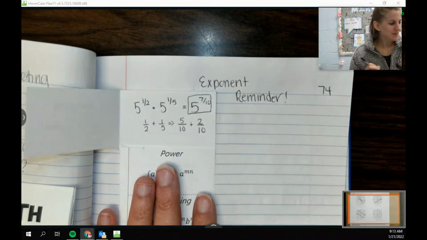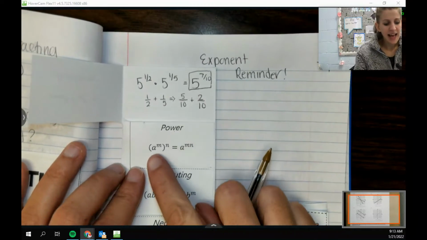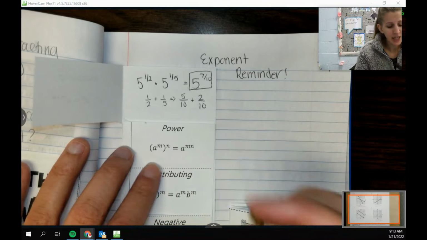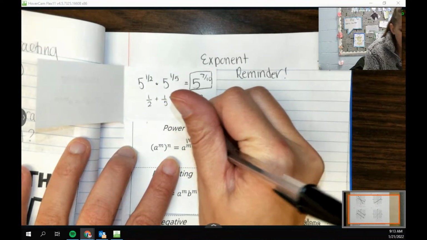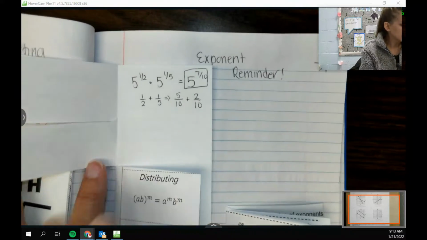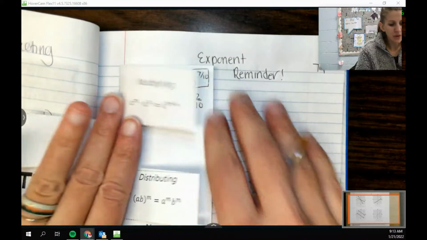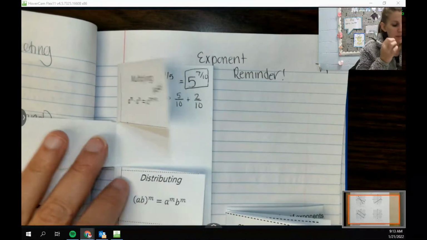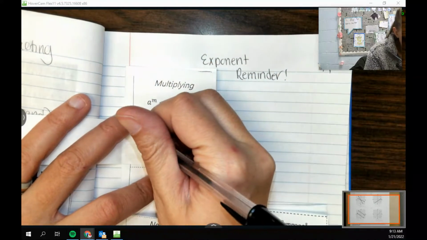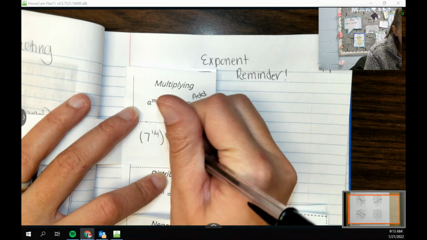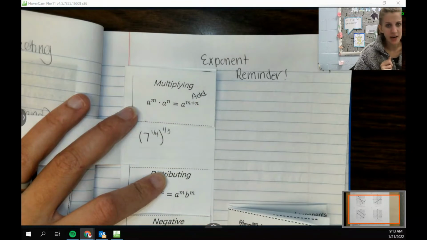Now, if I have a number with an exponent and then it's raised to another exponent, here we multiply. So a power to a power is multiplication. When we are multiplying powers, we add. So a cute little example of this is if I had 7 to the 1/4 power to the 1/3 power.